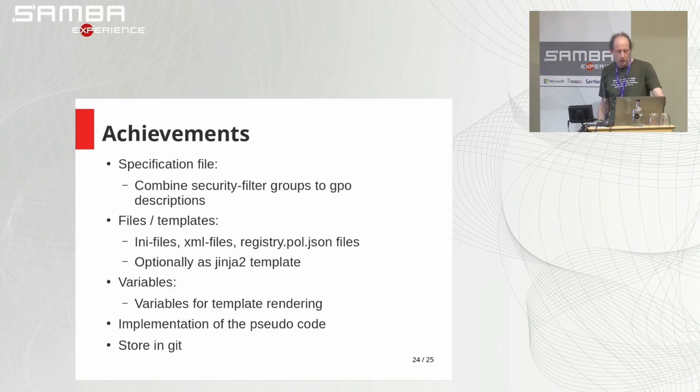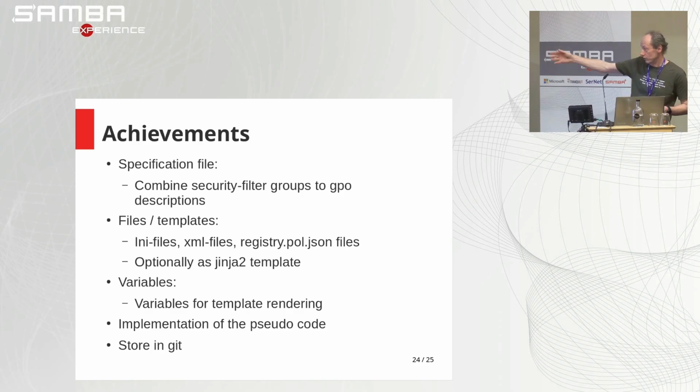So, with this, we can move everything to source. We can create a specification file that combines the security filter groups with GPOs. We can create templates for the files.